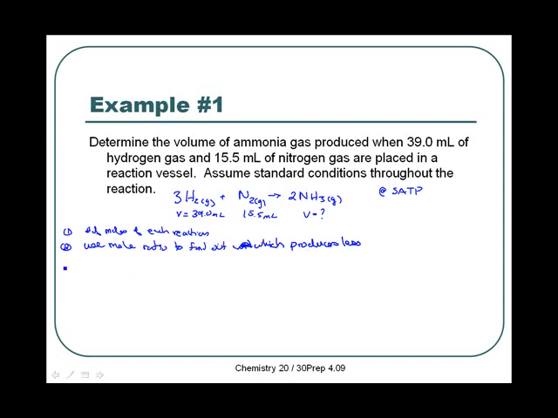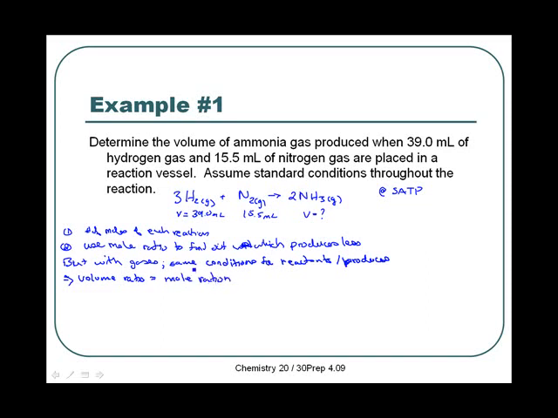However, because we're working with gases, and because it's all under the same set of conditions, the same conditions for reactants and products, we can use our law of combined volumes, which basically means for gases, the volume ratio is the same as the mole ratio.